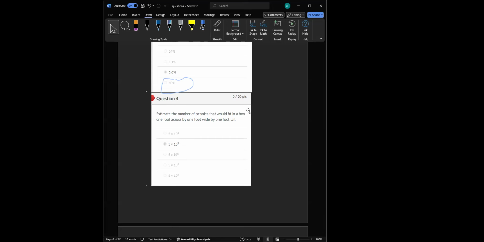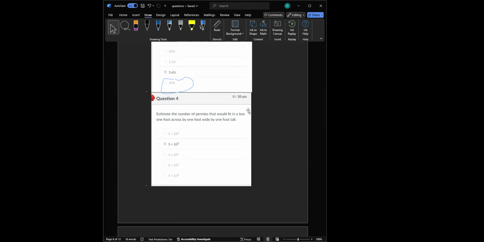What you want to think of here is imagine putting the pennies in the box. You probably would try to fit as many as you can most efficiently by being really OCD and making several little columns, little vertical piles of pennies.